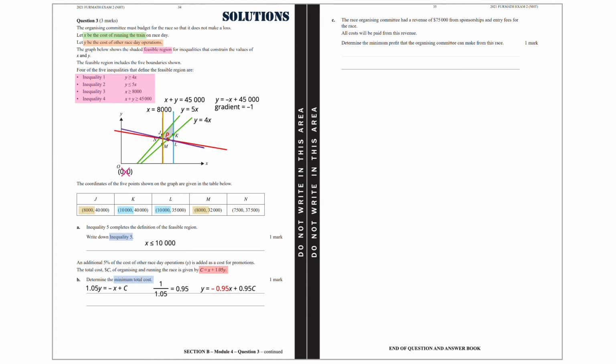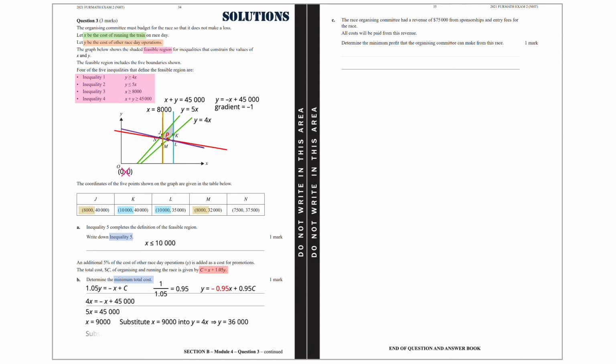point P. Point P is at the intersection between the lines with equation 4x and negative x plus 45,000. Therefore, x equals 9,000. If we substitute x equals 9,000 into the equation y equals 4x, we end up with y equals 36,000.